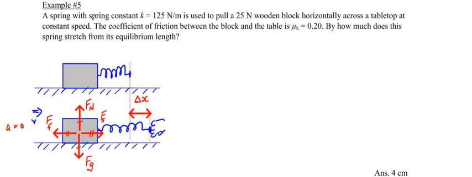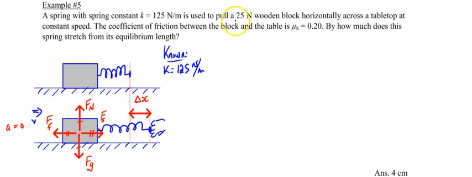We have the following known information. We have the spring constant, which is 125 newtons per meter. The wooden block is being pulled across to the right. The wooden block, 25 newtons, what is that? Is that the spring force, the frictional force, the normal force, gravity force? What do you think it is? Well, they don't really tell you the spring force if you look carefully.